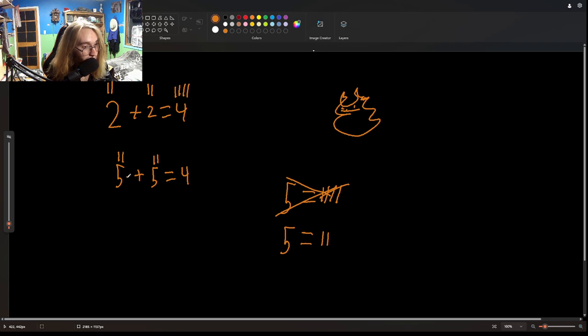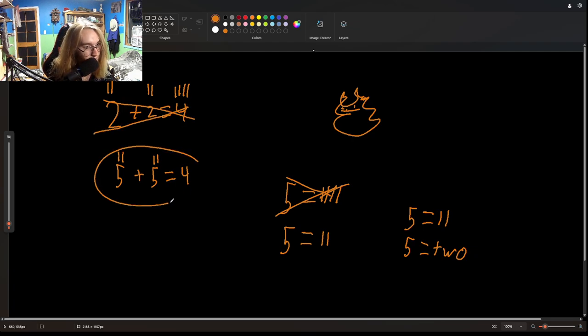Furthermore, we can take this symbol, which all of us know to be equated to the value of 5, which we have crossed out, and we can now call this symbol 2. So not only does this equal this value, it also equals the word 2. Now this becomes irrelevant, and this becomes the factual statement if we were to change a perception like that.